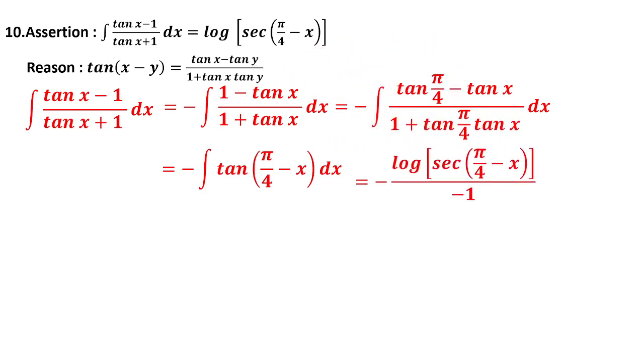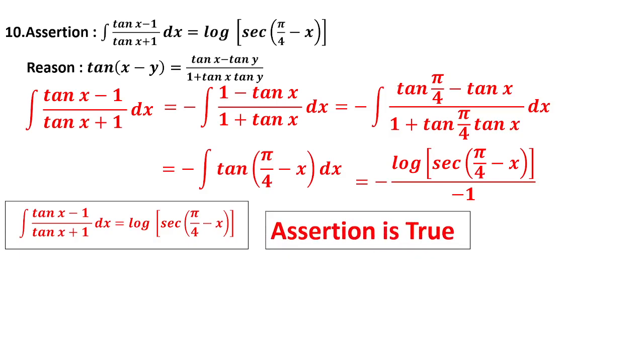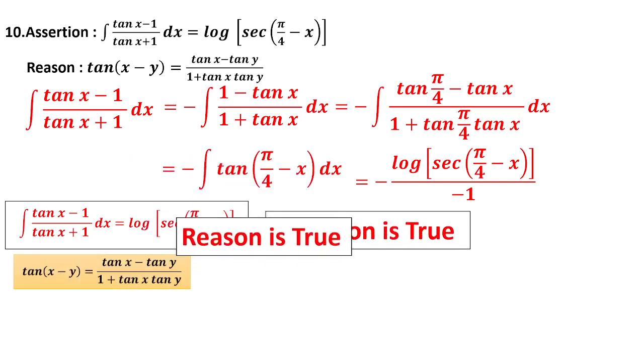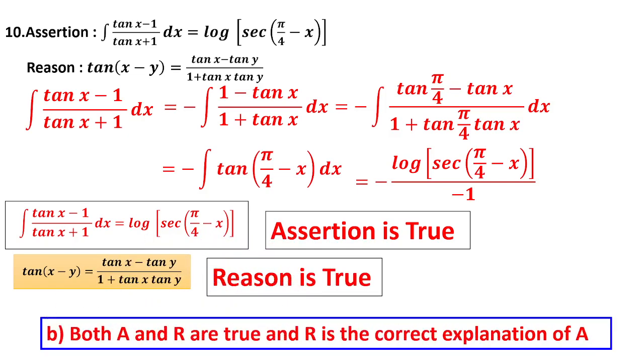Therefore, you know the formula for tan of something, log of secant pi by 4 minus x by minus 1. Don't forget that minus 1 because the coefficient of x is minus 1. Therefore, integration is log secant of pi by 4 minus x. Yes, assertion is true. But the formula of tan x minus y is used here to prove the result. Therefore, both A and R are true, and R is the correct explanation of A.